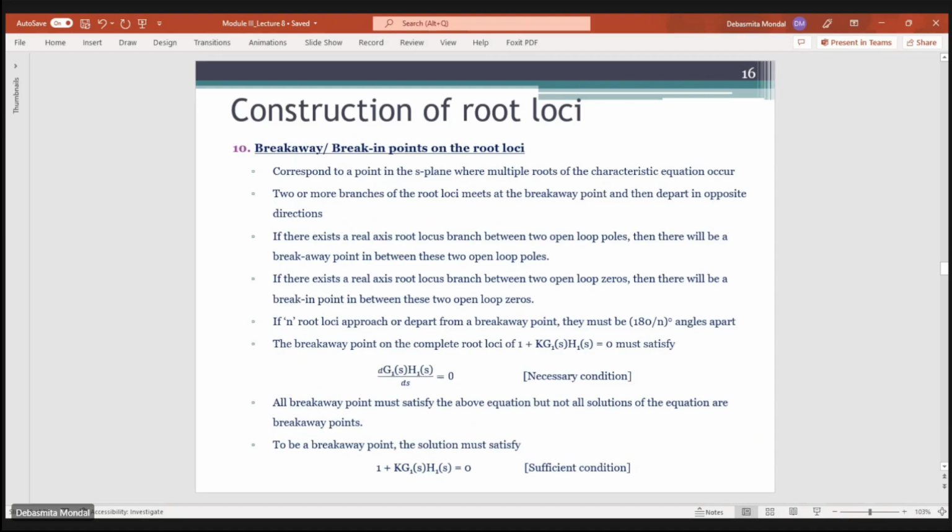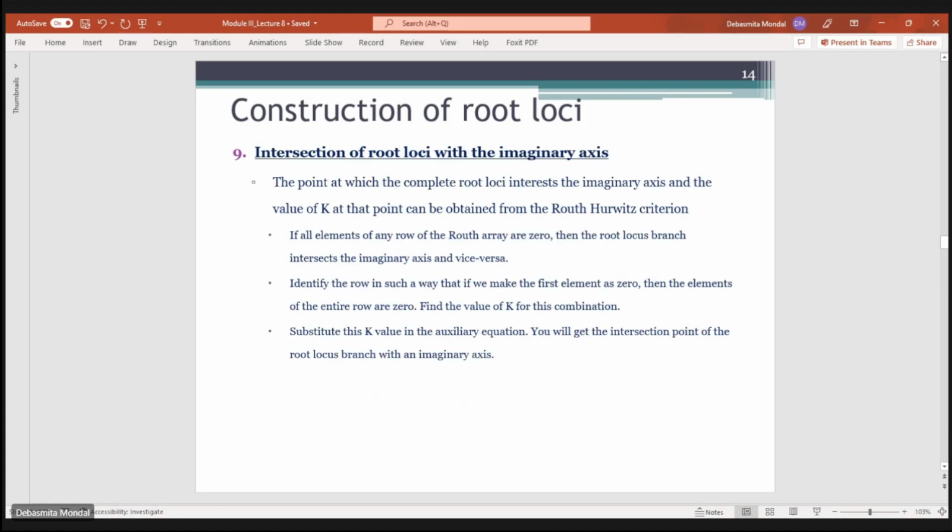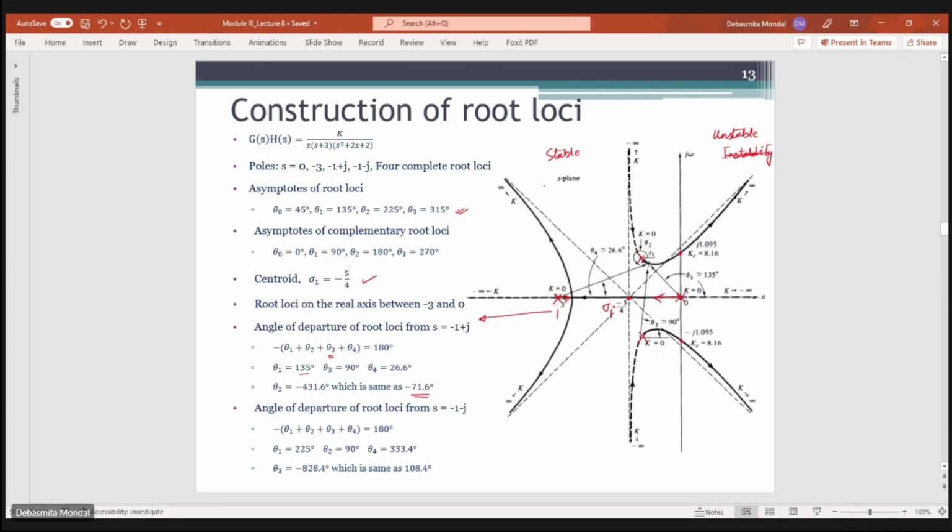Basically, the break-in or breakaway point corresponds to a point in the S-plane where multiple roots of the characteristic equation occur. When I was talking about this graph, you see that the root locus starting from these two poles are moving towards each other.